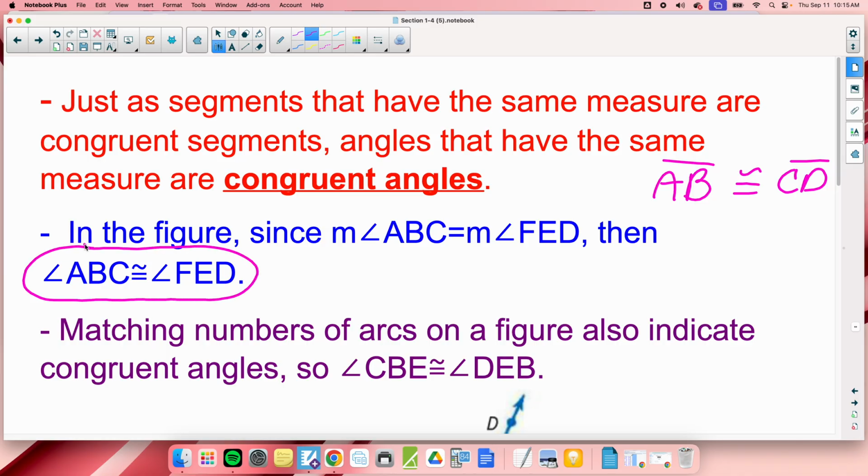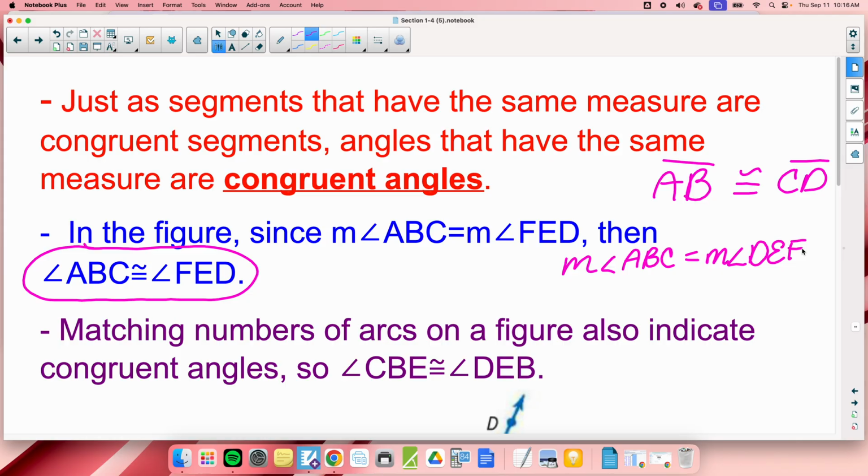So first of all, when you're talking about the measure of an angle, you write it as the measure of angle ABC equals the measure of angle DEF. So these little M's we talk about all the time, they mean measure of the angle. So it's like a number, okay? Like it's 60 degrees.